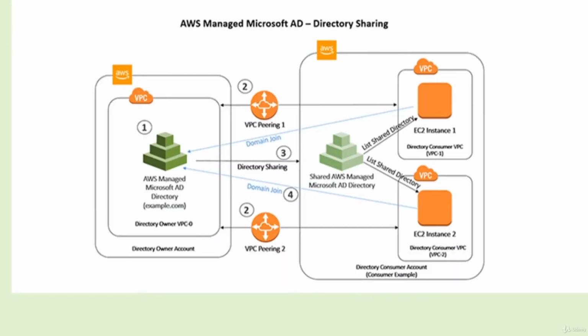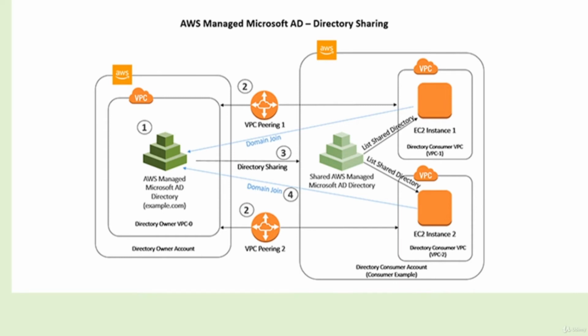There are certain use cases with working examples. Suppose we have a VPC, virtual private cloud, deployed in our AWS region, connected with a different region. We have a directory owner account and a directory consumer account. We can associate different things using VPC peering and directory sharing between the directory owner account and directory consumer account.